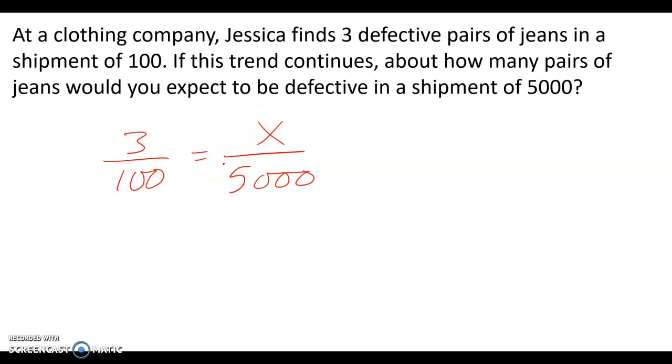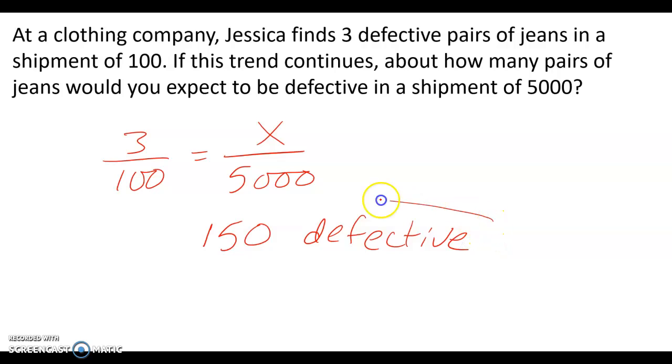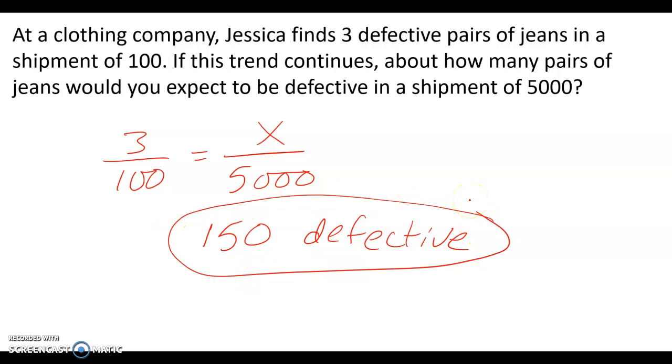So if we do our cross products on this one, 5,000 times 3 divided by 100, we would say that would be about 150 defective. And a lot of times companies, if their percentage of defective is too high, they'll just throw out the whole batch. Let's try again. All right, let's turn the page to the next one.